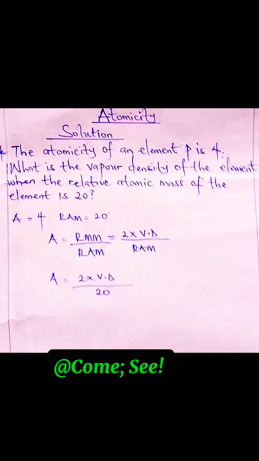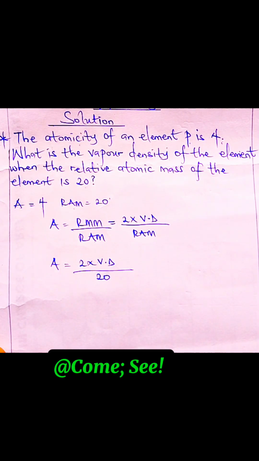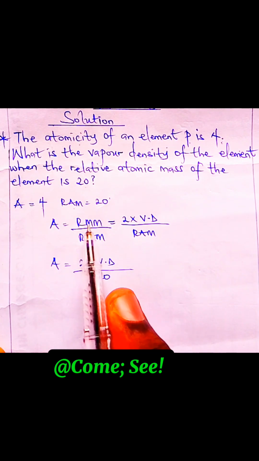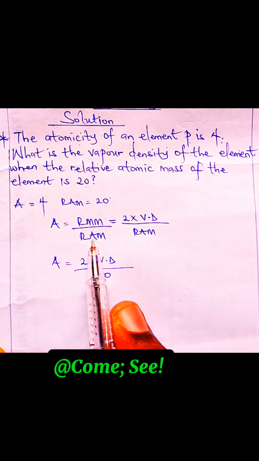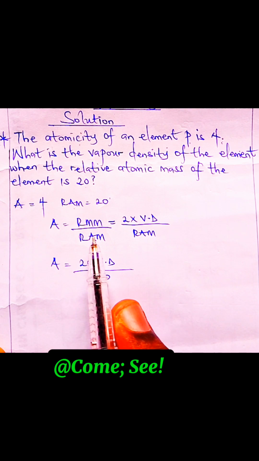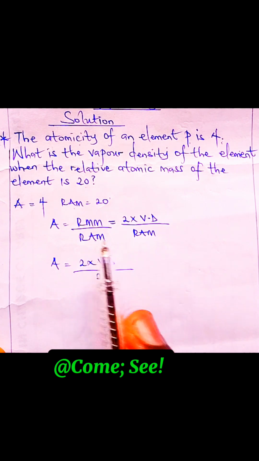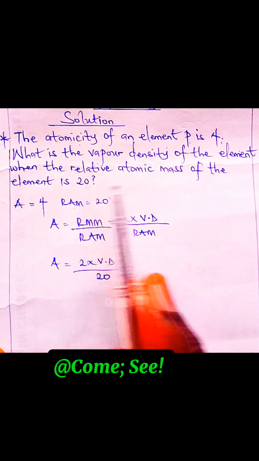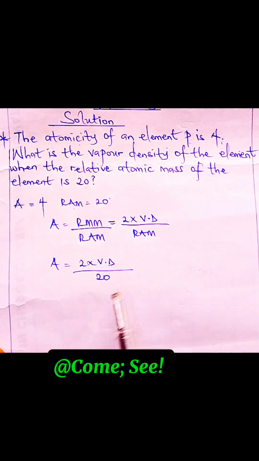Now the fact is this, whichever we are given, if you are given the relative molecular mass, we know what to do, we just slot it in, relative molecular mass over relative atomic mass. This time around, we are not given the relative molecular mass, but we are given the relative atomic mass and the atomicity. So it's very doable.